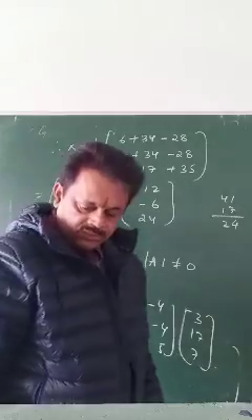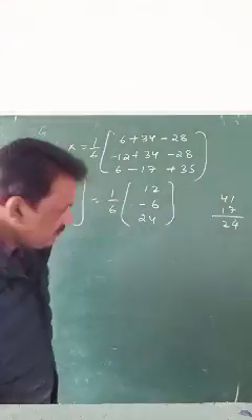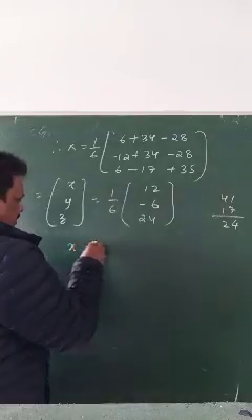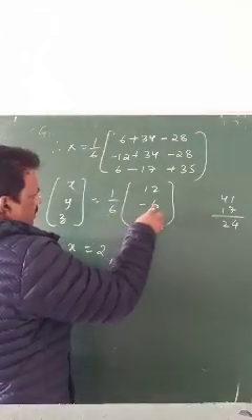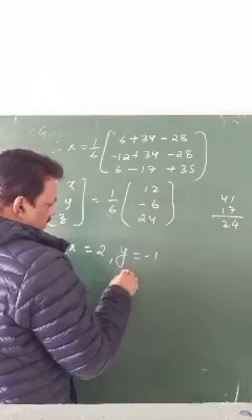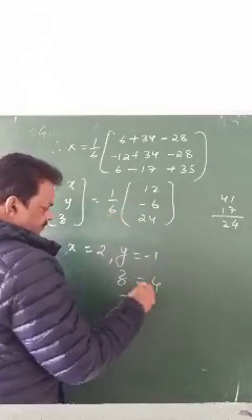Okay, so what is x then? X became 12 by 6, which is 2. Y became minus 6 by 6, which is minus 1. Z became 24 by 6, which is 4.